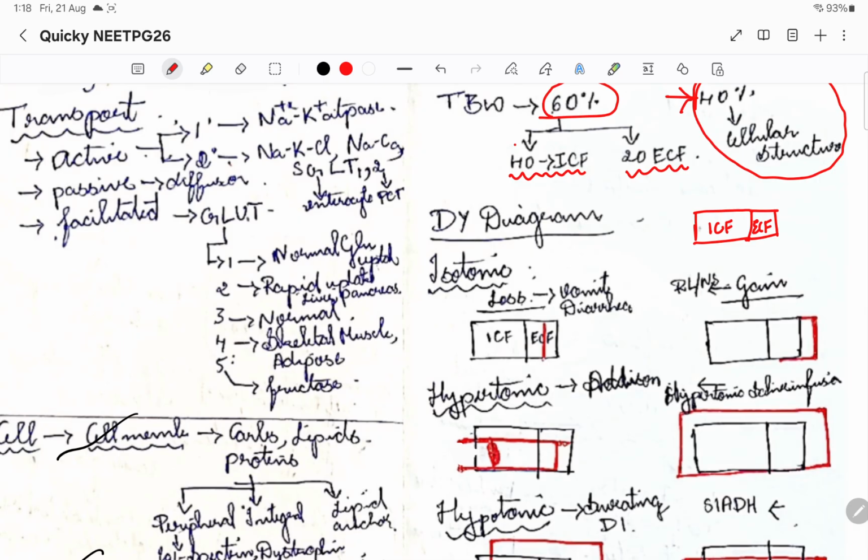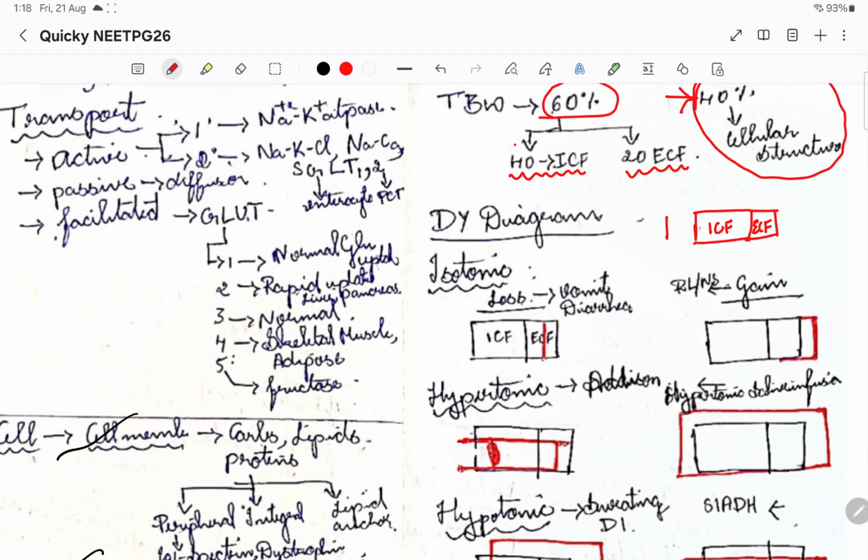Okay, suppose there is isotonic fluid loss. The diagram differentiation is based on whether there is fluid loss or fluid gain, and whether the concentration is increasing or decreasing. So if there is isotonic loss, there won't be any concentration change.